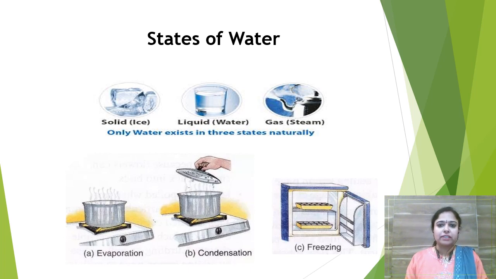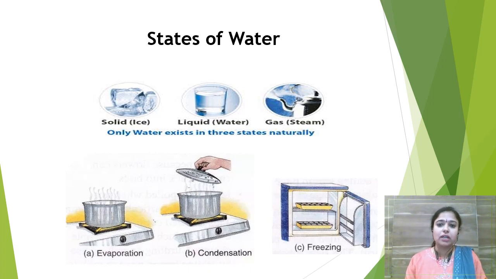The water in the container starts changing into water vapor. That is, the state of water has changed from its liquid form to its gaseous form, water to water vapor. Now, can you reverse this change? Can you get back water from this water vapor?